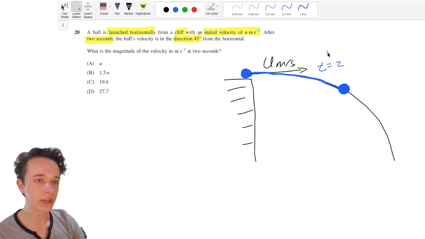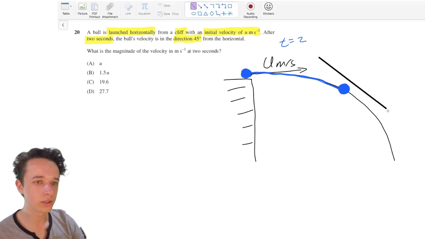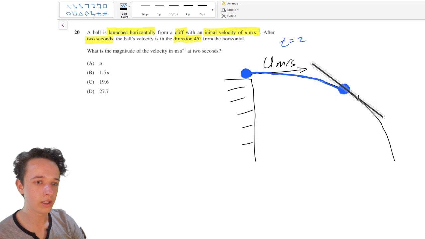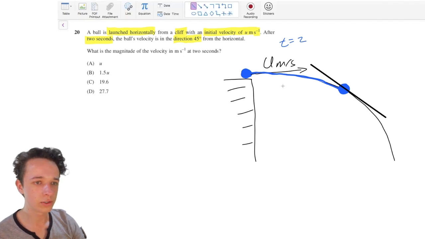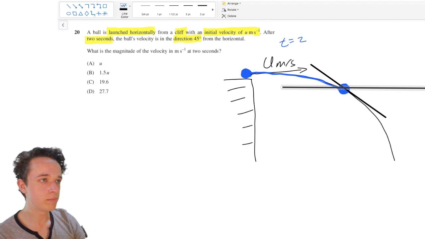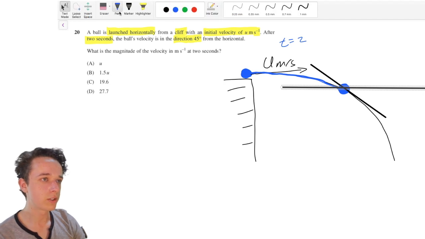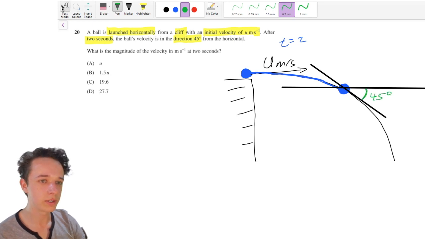What it is saying is that the tangent of the projectile's motion at this point, compared with the horizontal at that point, the angle in between those two lines is going to be equal to 45 degrees. That's what this means.